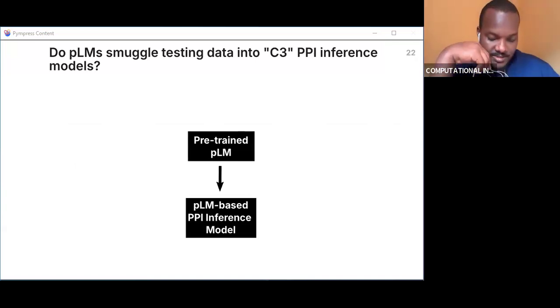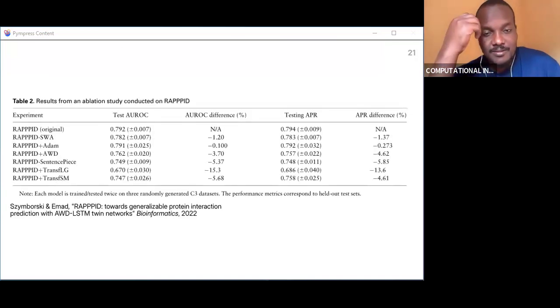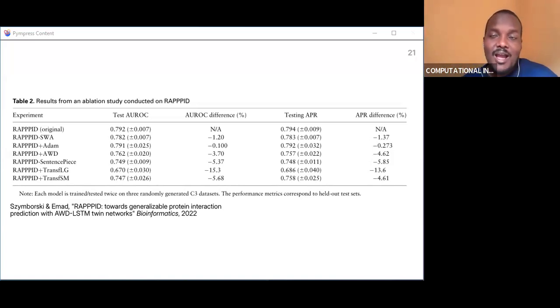Yes, I have a question about the perennial problem you discussed of data leakage within protein-protein interaction. And I'm wondering, is this about the training pipeline, or is it about protein-protein interaction as a phenomenon?